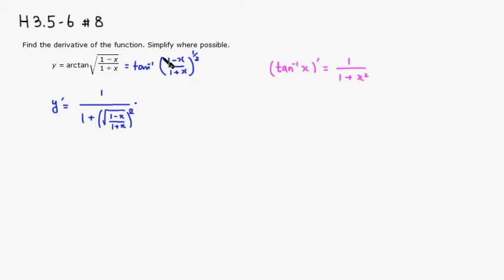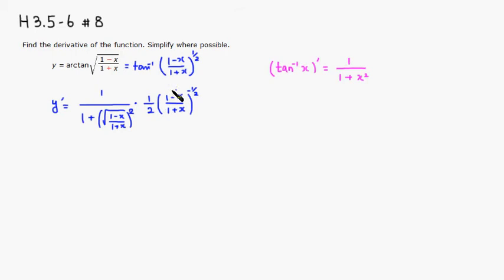If you take the derivative of the inside function, we put the 1/2 in front, keep the same quantity, 1 minus x over 1 plus x, and subtract 1 from the power, so negative 1/2 power.